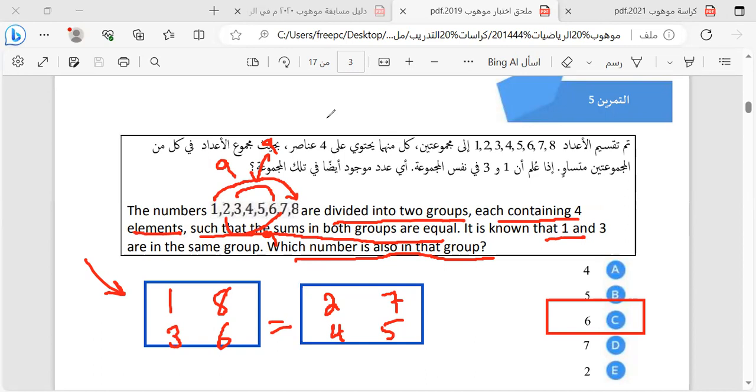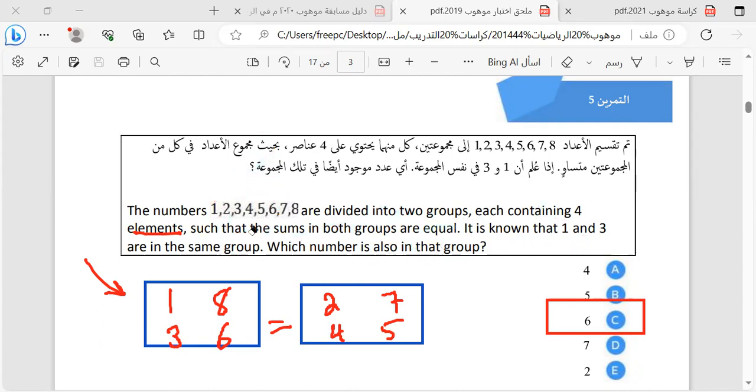Why do you put 1 and 8 and 3 and 6 in one group and the others in another group? How do you know? If you have many numbers, then we want to write them in the same group.